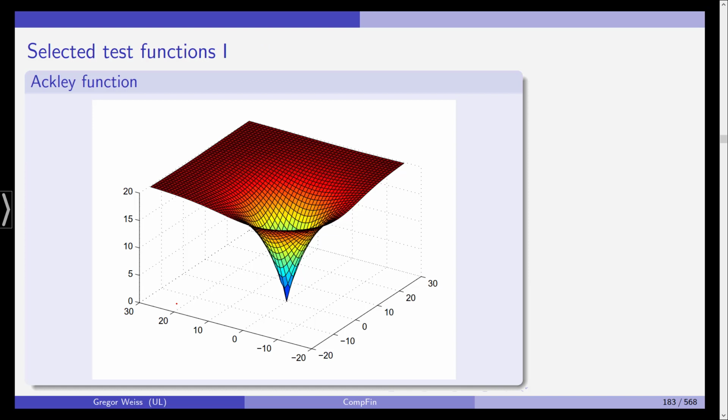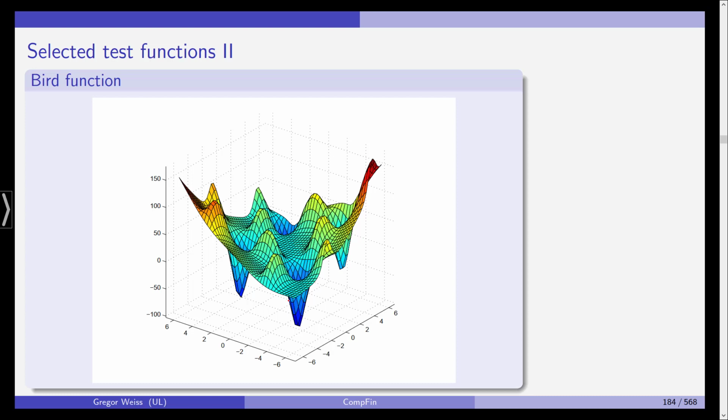And this is the Ackley function, plotted in 2 dimensions. So you have, for example, x1 and x2. This is where the minimum is, and it has numerous local minima. This is the Bird function.